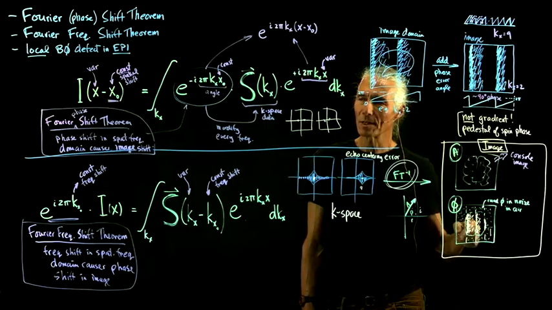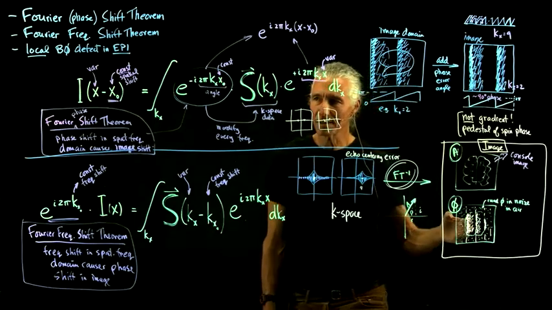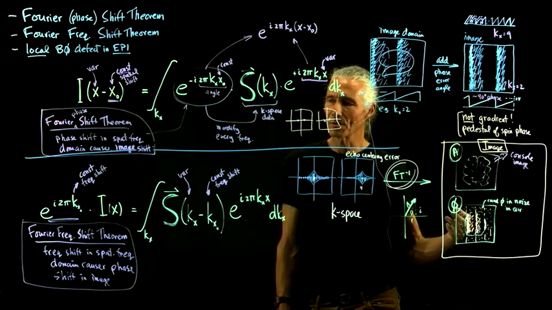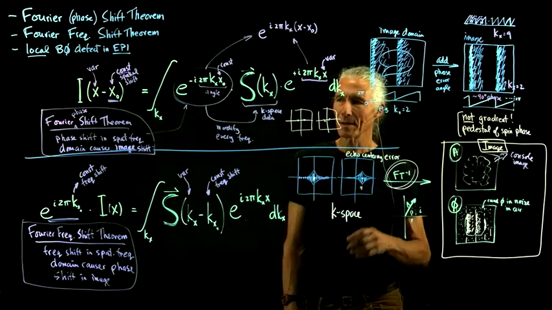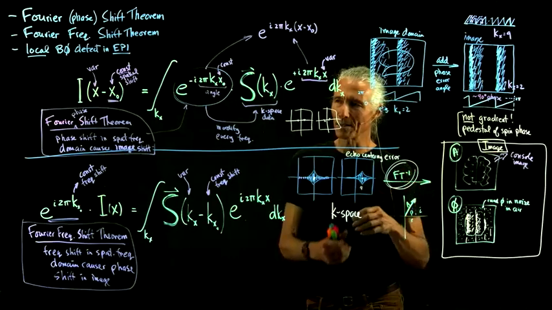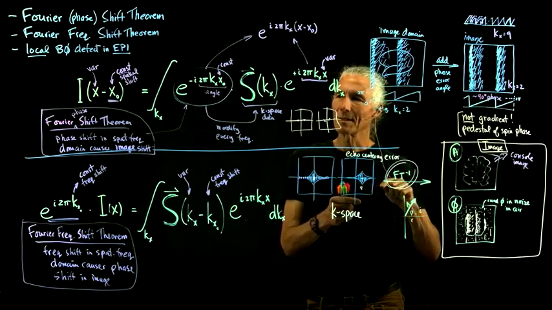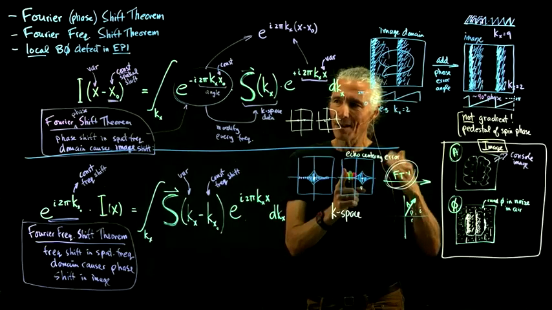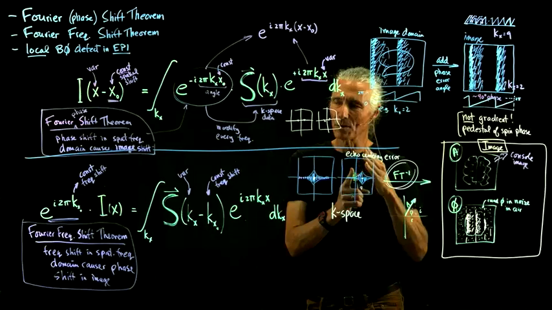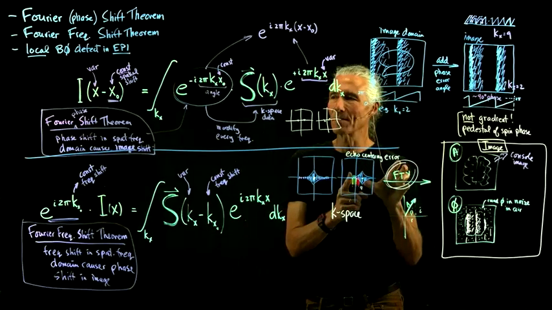But you can tell the scanner to save it, and then you could actually use that to estimate what the B0 defect is, especially if you have two echoes. You need two echoes in order to estimate that phase shift, because the second echo has had more time for the phase shift to occur.